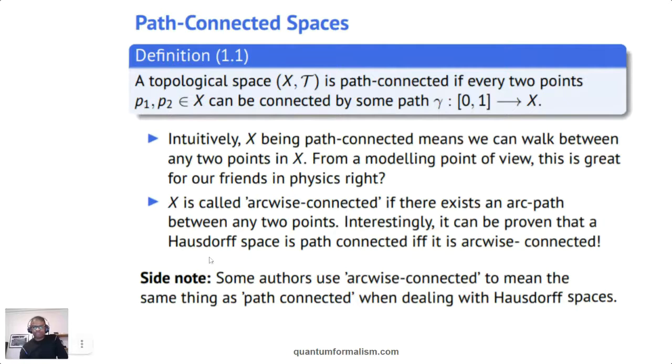In fact, a Hausdorff space is path connected if and only if it is arcwise connected. So you will see more of the interesting properties that Hausdorffness can give you, which is why some authors take path connectedness and arcwise connectedness to be the same, but this is only true when it comes to Hausdorff spaces. Okay.